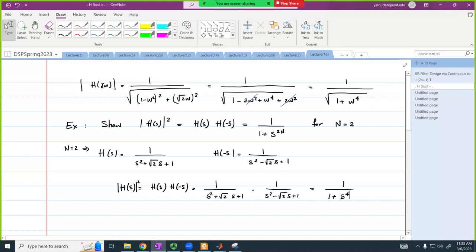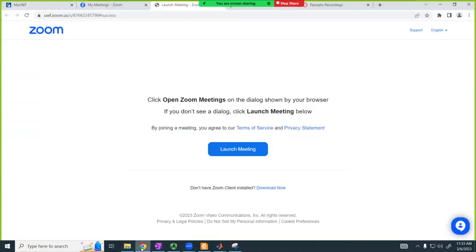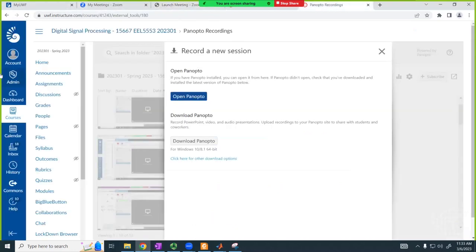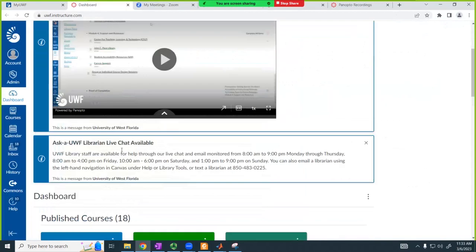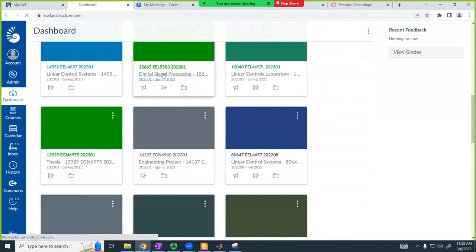Now, where do we get these polynomials for the Butterworth filter? For the second order, this is the polynomial. Where do we get them for other orders? From tables. If you look at the class website, I have a link for the tables for the Butterworth and the other filters.